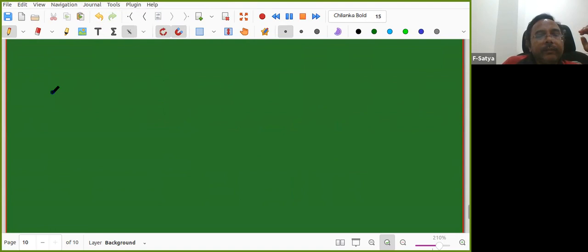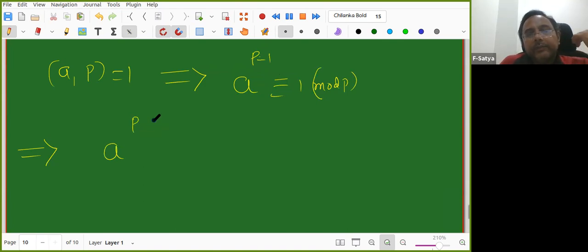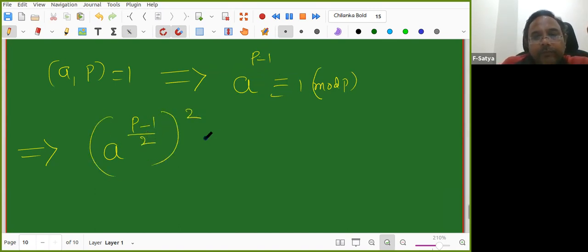See, a and p are coprime, GCD 1. By Fermat's little theorem, a power p minus 1 is congruent to 1 modulo p. But this implies I can also write this as a power (p minus 1)/2, squared, is congruent to 1 modulo p.